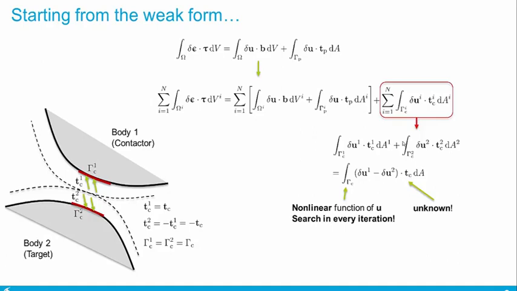One is to relate this unknown Tc with u. Then we reduce to a single unknown problem. The other is to augment our system equation by one more equation, so that now we have two equations for two unknowns. So the first method is the penalty method, and the second method is the Lagrange multiplier method. We'll talk more later.